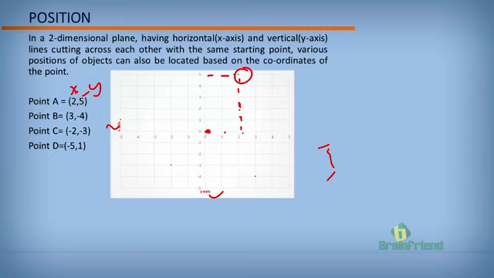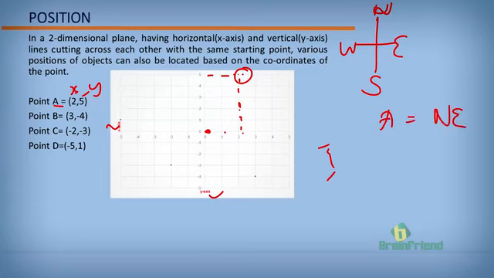As we said, position is a vector quantity. You have to say the direction of point A. You draw your cardinal points. This is your north, your south, your west, and your east. So we can say point A right here is in this position, and is in the direction northeast from the origin.